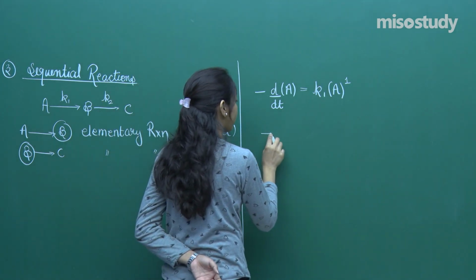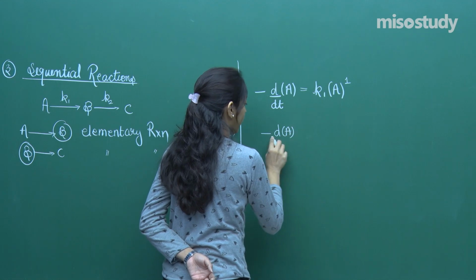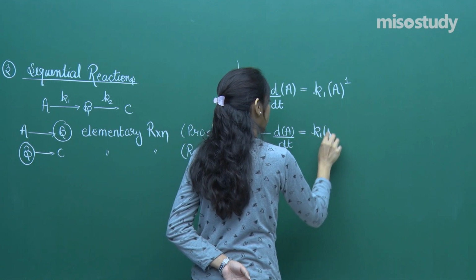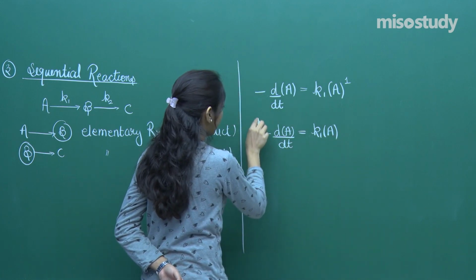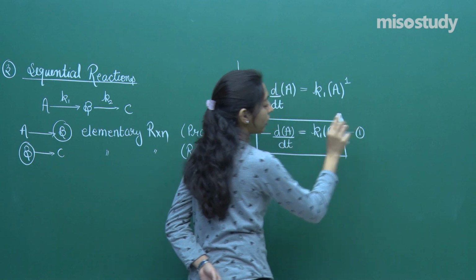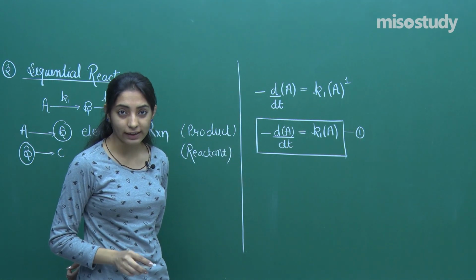So the first statement is minus dA by dt is equal to K1 multiplied by A. And this is our equation number 1.